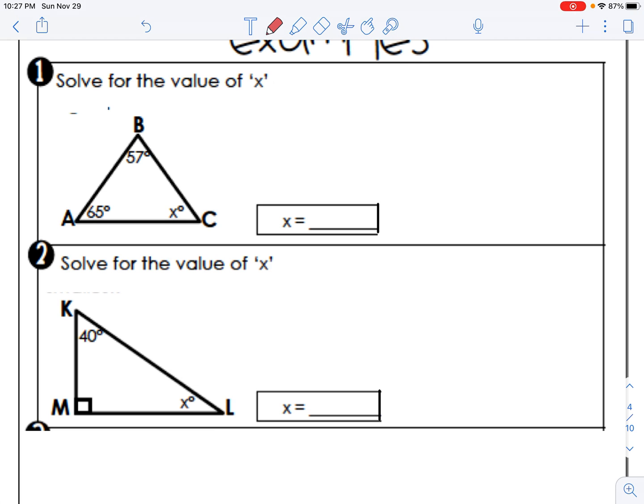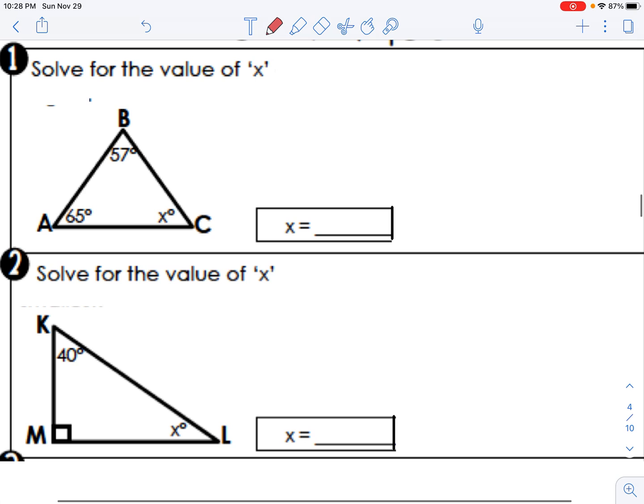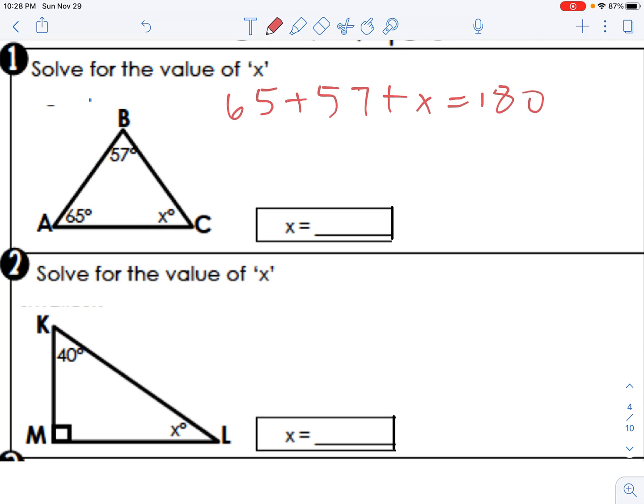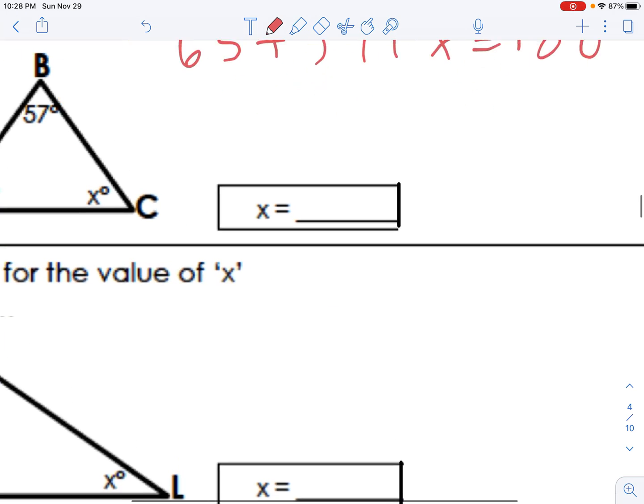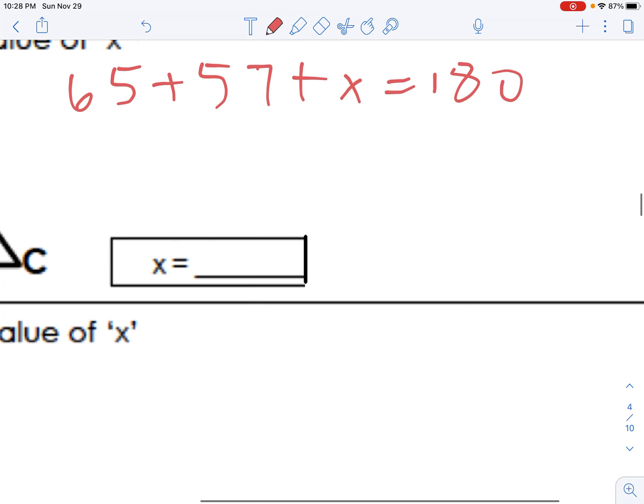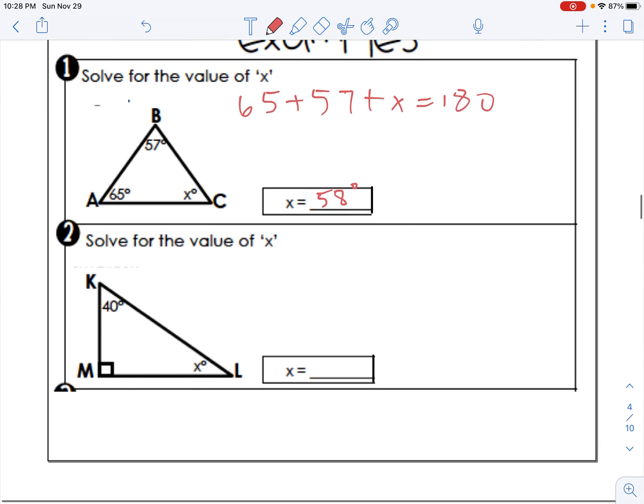And when we get started on this, you're going to take the two angles they give you, and I'm always going to write them out, even though these ones you could just do in a calculator, okay? Just so we get used to writing out the equation, because when we get down here in a little bit, we're going to have to write it all out. So add those two together, subtract from 180, and you get 58 degrees.